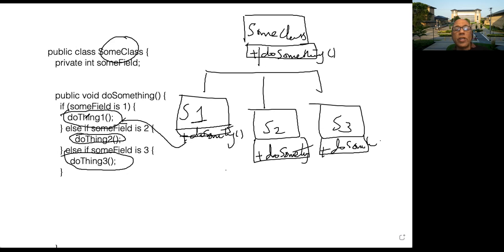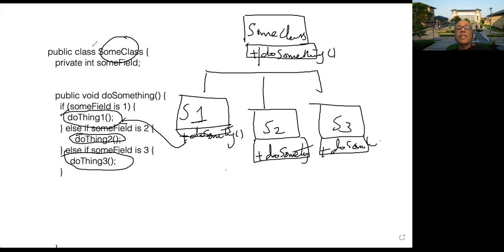Do thing one, whatever code here you have, that is what do something here will do. Whatever is in do thing two will be what you have in this method, and do thing three will be the code that you put in do something.